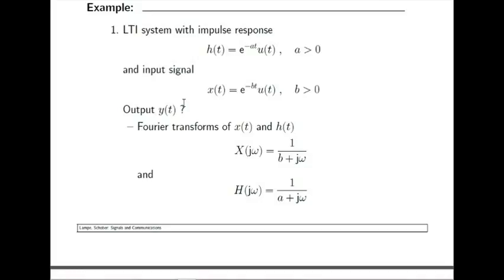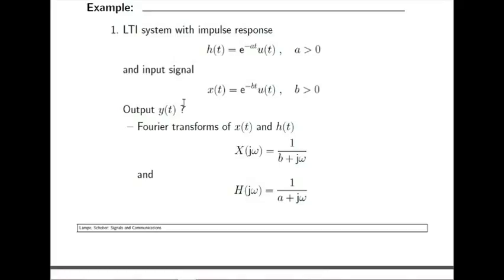One is directly convolving the h(t) and x(t) functions, and the second is transforming them with the Fourier transform into the frequency domain, multiplying them, and then taking the inverse back, which I think might be easier in this case.